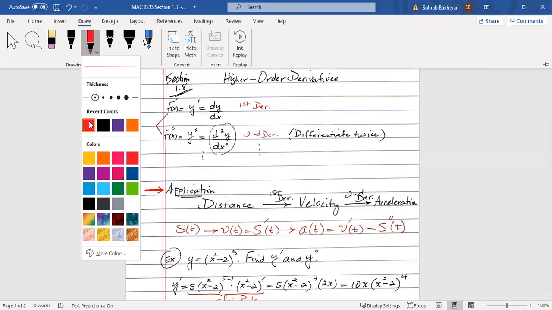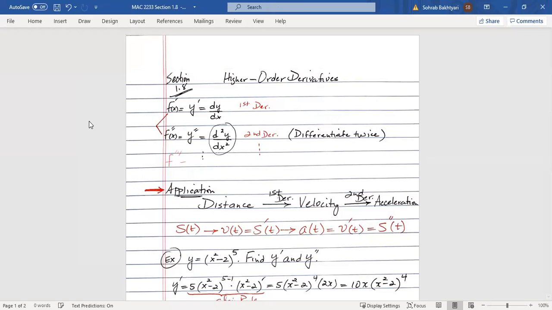Or if you wanted to do the third, you'll see y triple prime, or d cubed y over dx cubed. So that's your third derivative. And if you wanted to do anything higher, you don't use primes anymore. You use numbers instead. F of 4 or y of 4, or d4y dx to the 4th. And this means the fourth derivative, and so forth.